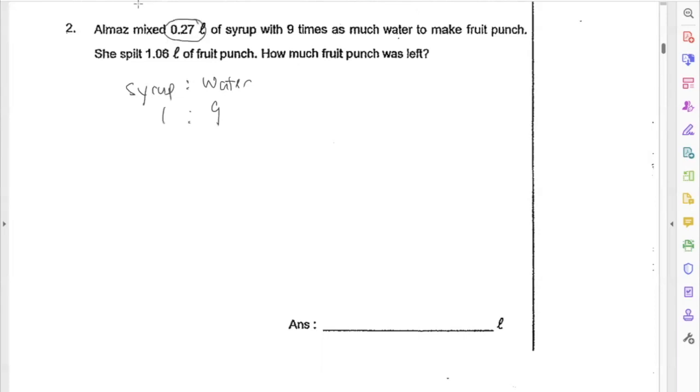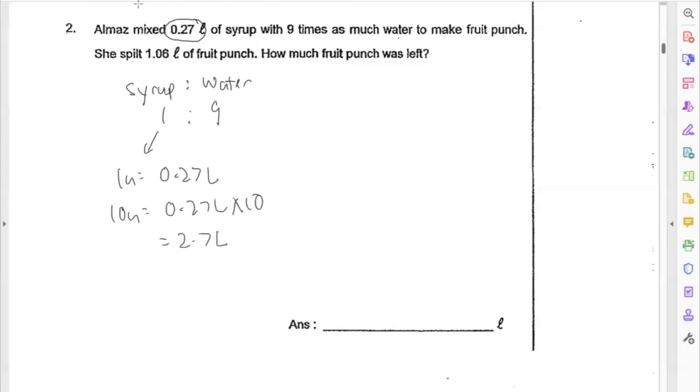Given syrup is 0.27 liters, in other words, 1 unit is 0.27 liters. And altogether, syrup plus water is 10 units. So it's 0.27 liters times 10, 2.7 liters.